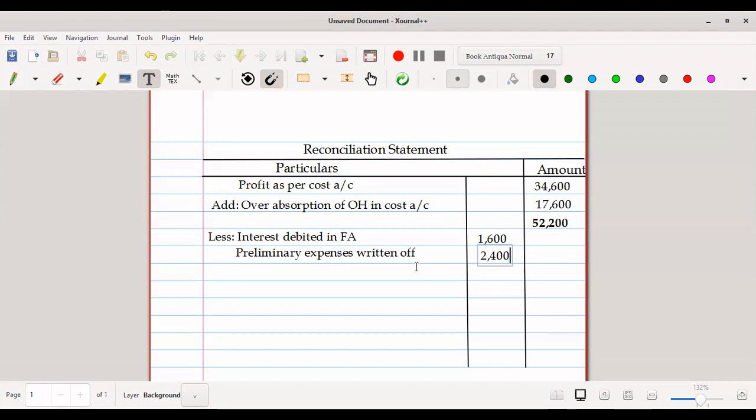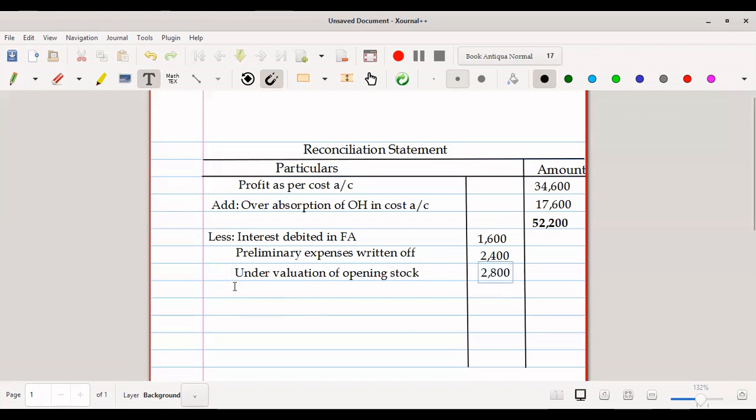And the next item we are going to deduct is undervaluation of opening stock. Undervaluation of opening stock in cost account. So that amount is 2,800.